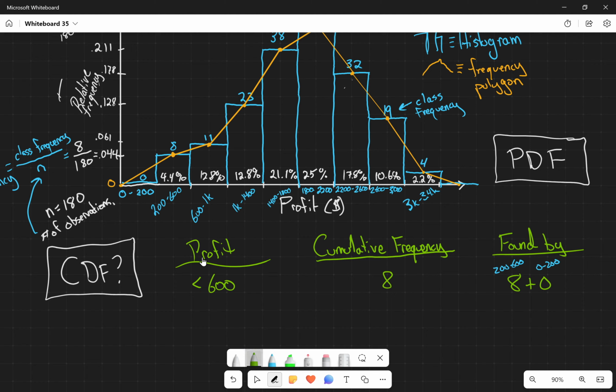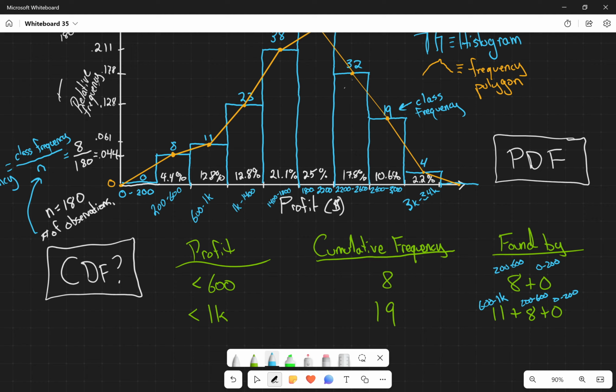All right. So the next one is going to be, what if profits are less than 1,000? Profits are less than 1,000, our cumulative frequency is 19. How do we get that? Well, we're going to add 11 plus 8 plus 0. So now we're going to add the 600 to 1,000 in addition to the 200 to 600 in addition to the 0 to 200.